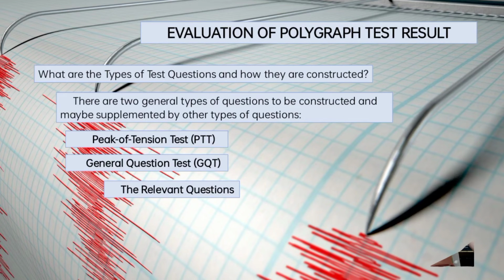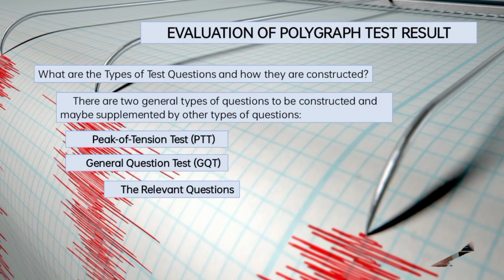In pre-employment or periodic screening, the area of interest may be a series of relevant questions such as, have you ever been fired from a job? Or have you stolen more than 50 pesos in 1 year from any of your employers?